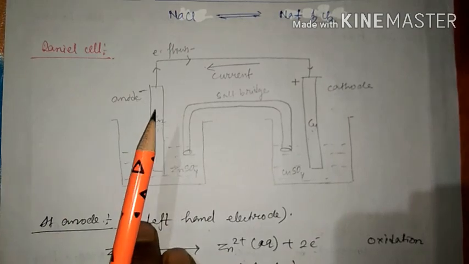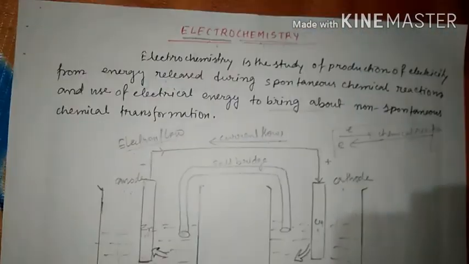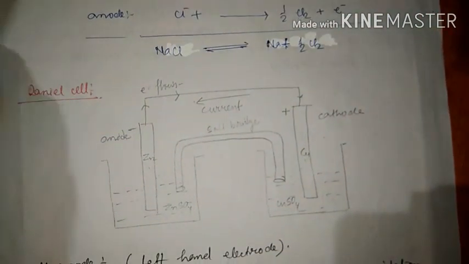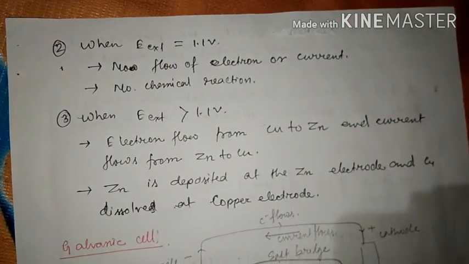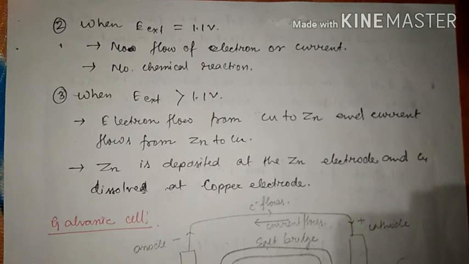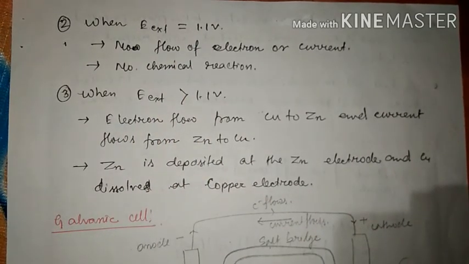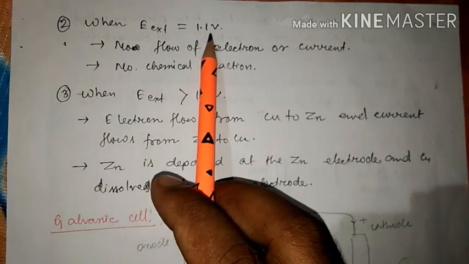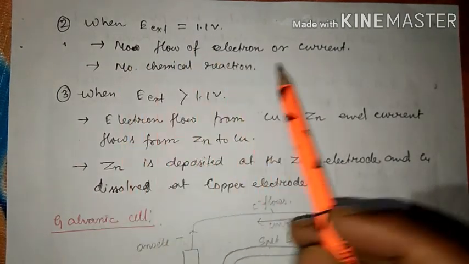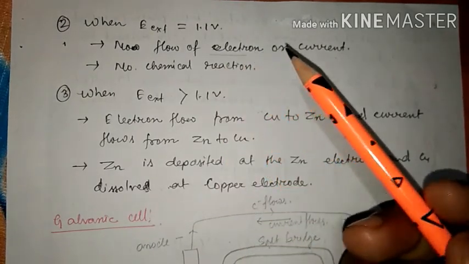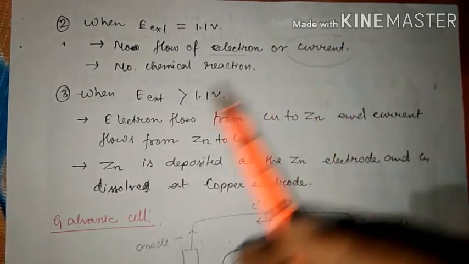Now when the external voltage is equal to 1.1 volt, that means exactly 1.1 volt. Okay, exactly 1.1 volt. Then there is no flow of electrons, and if there is no flow of electrons, then there is no current.